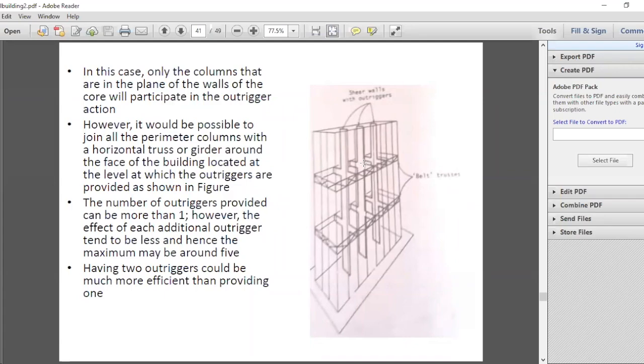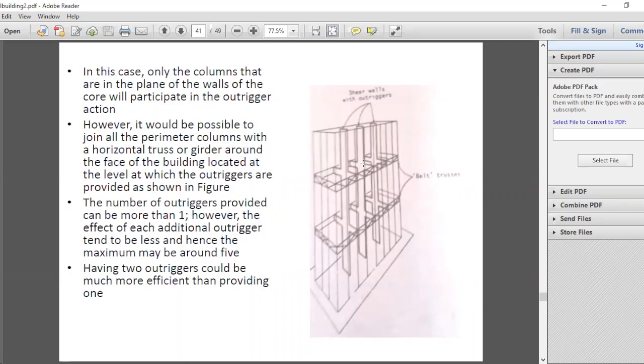But we have to also keep in mind, outrigger construction is not very easy, because you have to do a lot of planning to make sure that the particular floor where you are having the outrigger can be utilized for some other purposes.